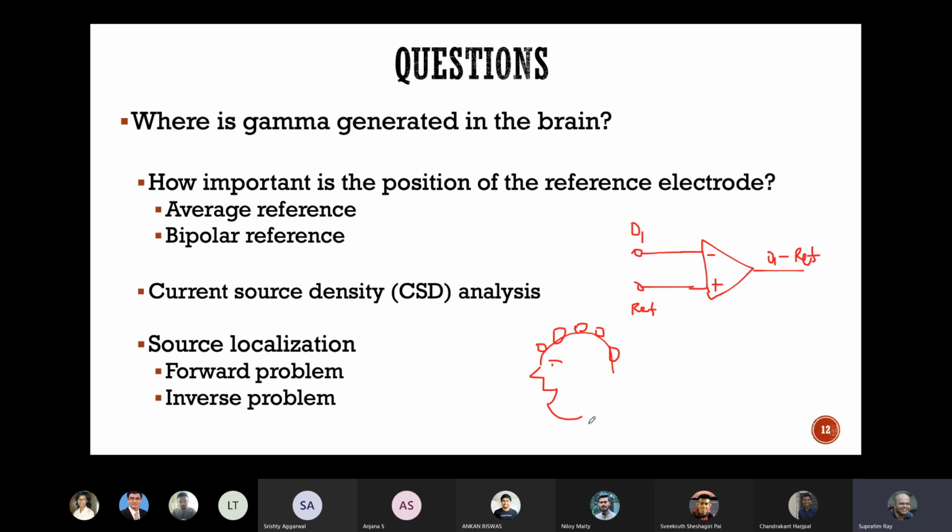If this person simply touches an electrode or some metal object, you will see huge noise signals in all of these electrodes. In fact, the person doesn't even need to touch anything. Even if there is no grounding, you will see a huge oscillating thing. This is not gamma, this is line noise, 50 hertz.